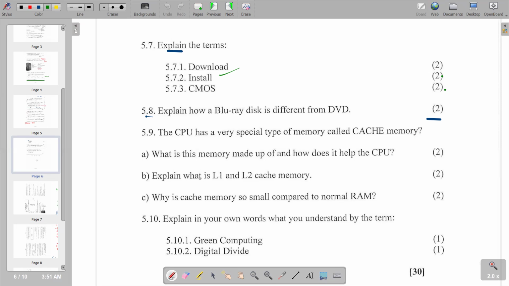We are saying it is the technological gap that exists between the haves and the have-nots, while some people in the world have extremely advanced technologies, even in the poorest of areas, there are some people who have no technology available at all. So those are the explanations that we are using. That is green computing and digital divide.